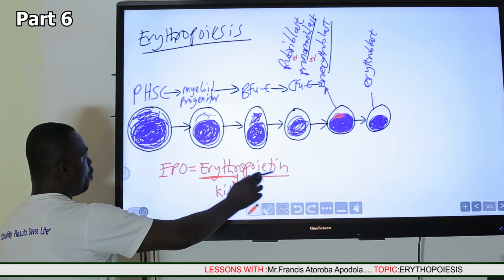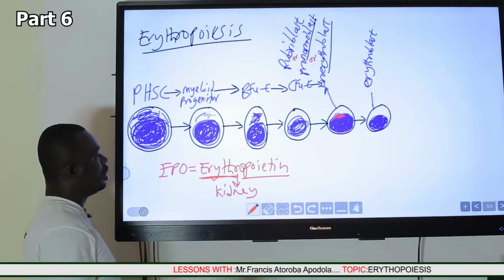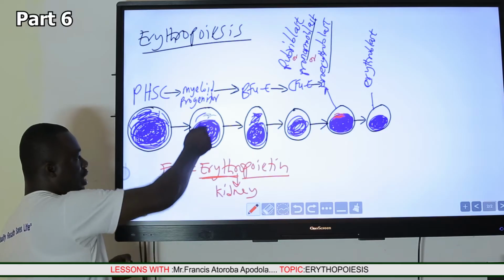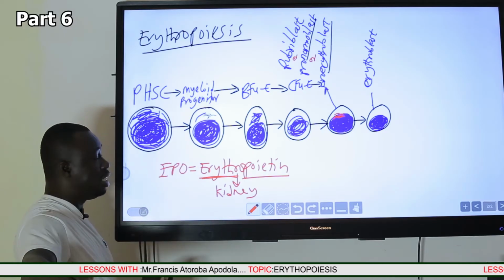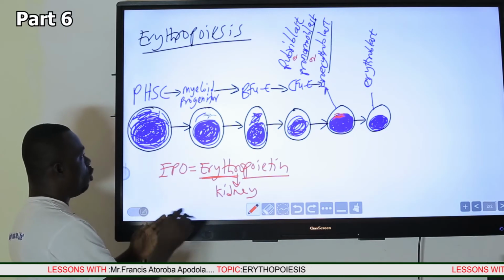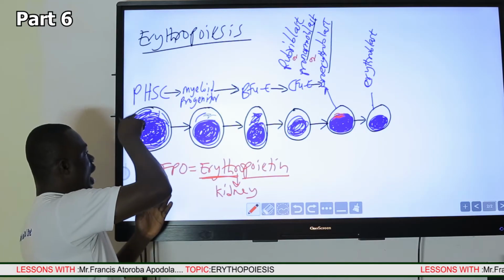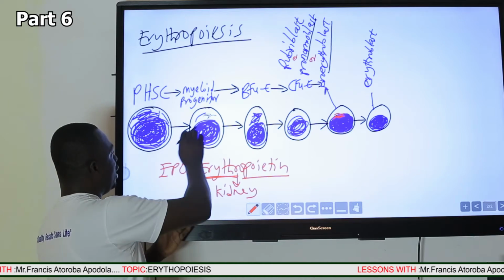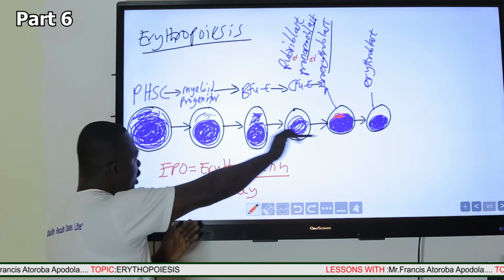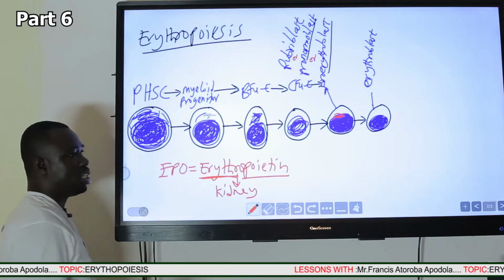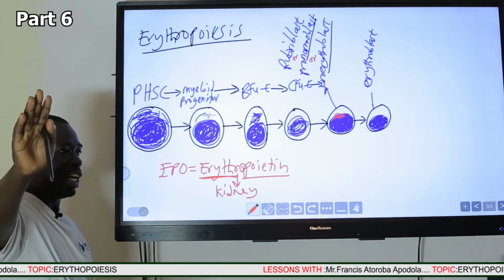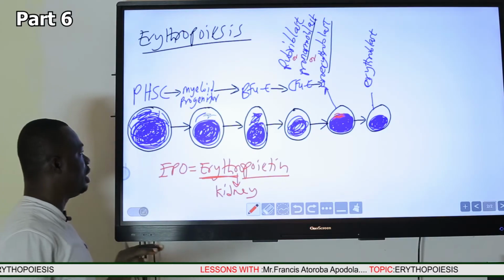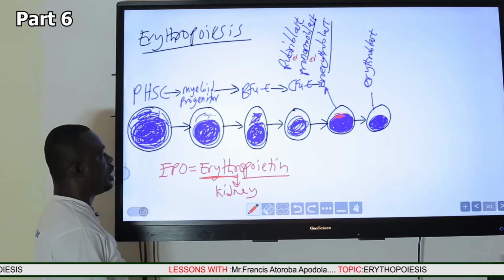Now, this erythropoietin is the hormone that binds to the myeloid progenitor cells and activates the genes of the erythroid lineage. When it binds to the myeloid progenitor, it activates the genes of the erythroid lineage, and this myeloid progenitor differentiates not towards the granulocyte, not towards the monocyte, not towards the megakaryocyte lineage, but towards the erythroid lineage.